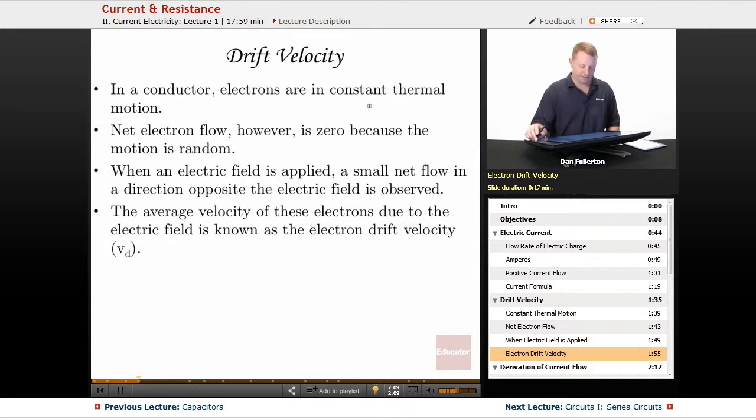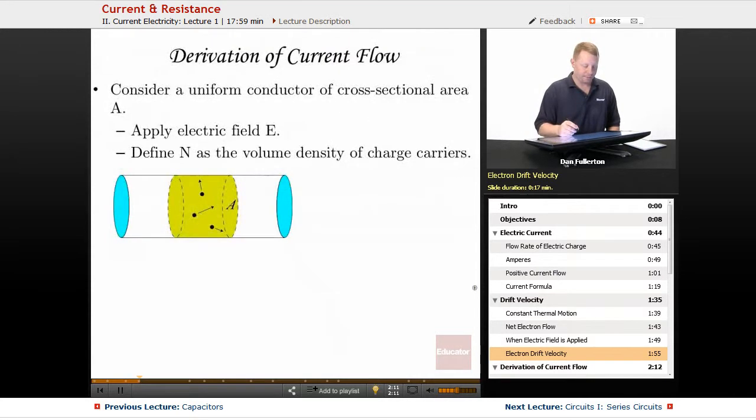To give you an idea, let's take a look at the derivation of current flow. We'll consider a uniform conductor of cross-sectional area A and apply some electric field E. And let's draw that in here, an electric field. Now, we'll define capital N as the volume density of charge carriers in this material.